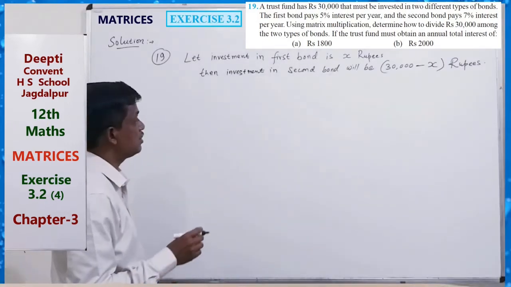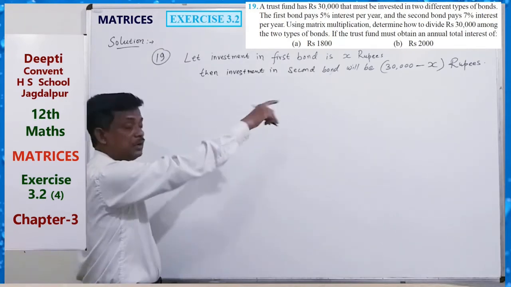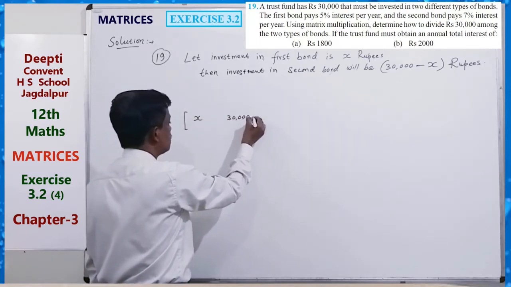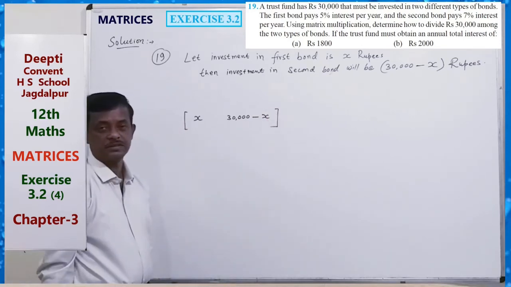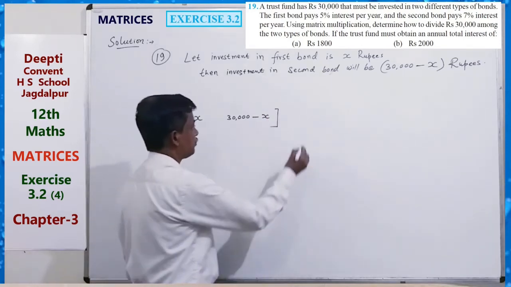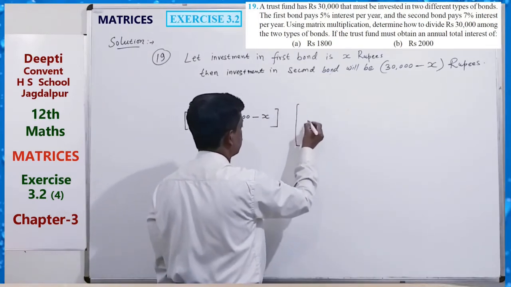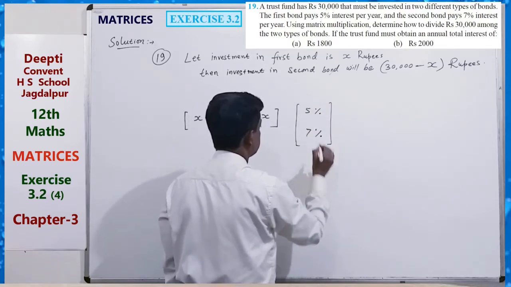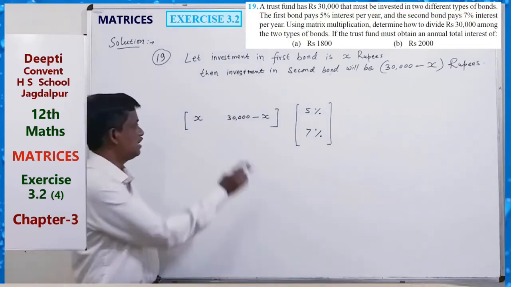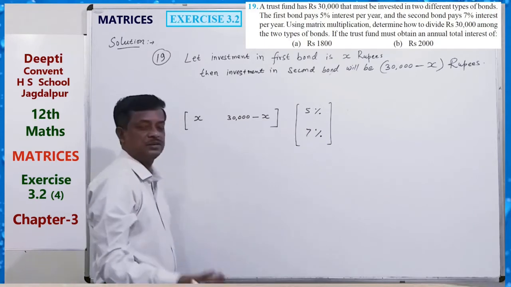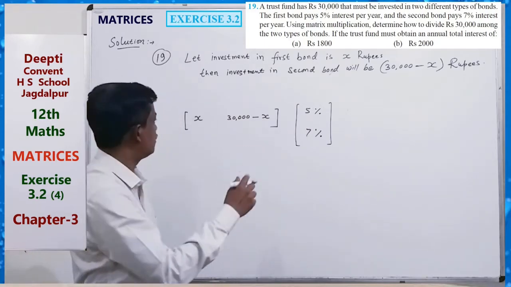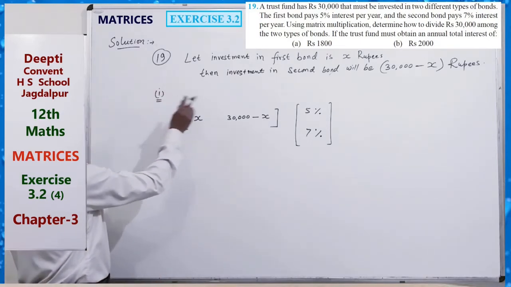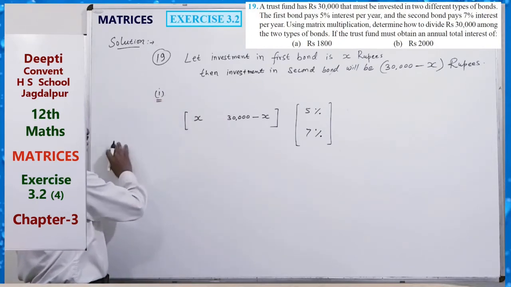We can represent the two quantities X and 30,000 minus X as a 1 by 2 row matrix, and 5% and 7% can be written as a column matrix.